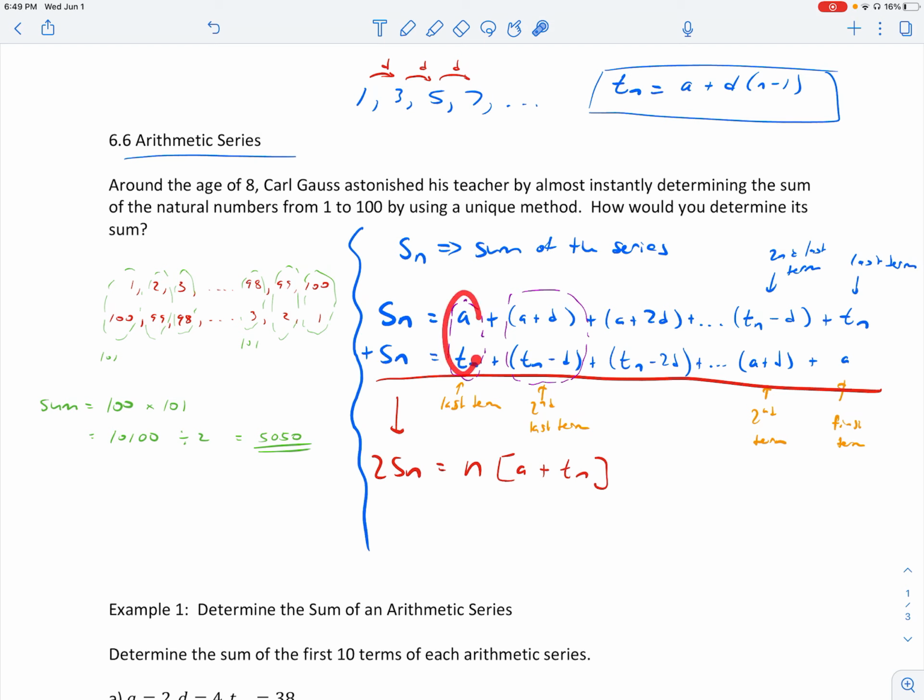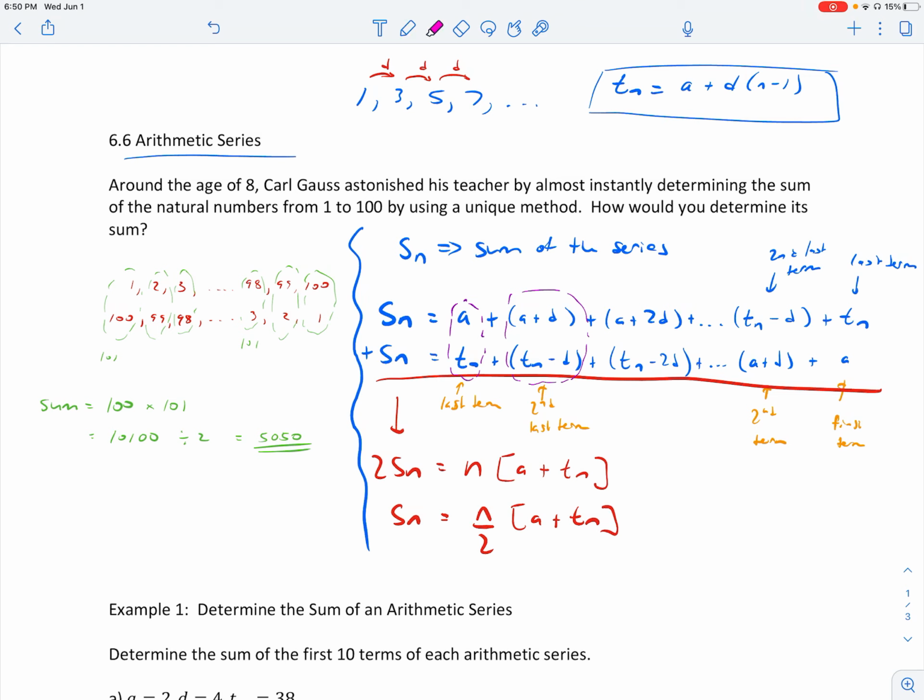So the a plus Tn is the value of each one of these all the way through, and there's n number of them. So when I do this, I'm actually finding the value of both sums, so it's 2Sn. So now to find the sum, I've got to cut it in half. So we'd have Sn equals n over 2 times a plus Tn.